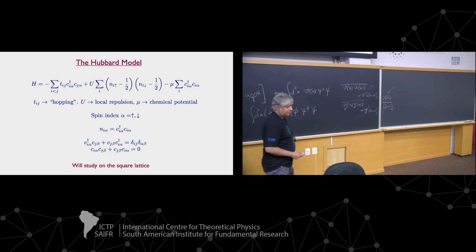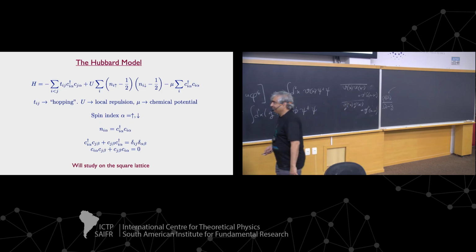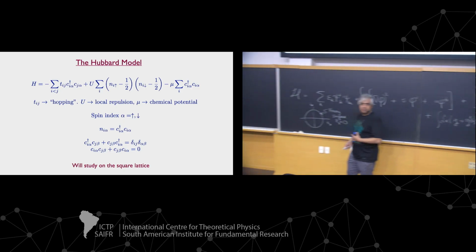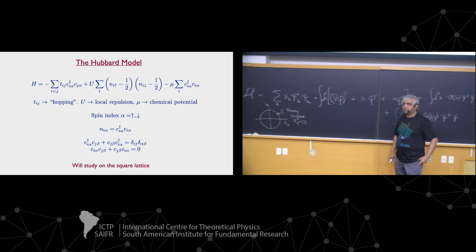I'm sorry, Subir, for disturbing again, but you were promising some flavors and some large N, and I didn't see that in the diagrammatics. Well, just like in SYK, once you average over the flavors, there's no flavors left. So you are telling me that those self-energies are exact because you have taken a large N limit?